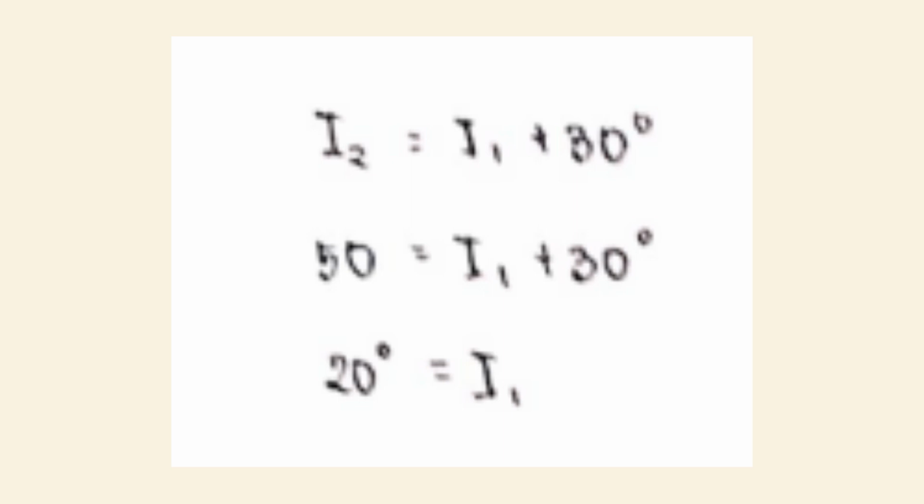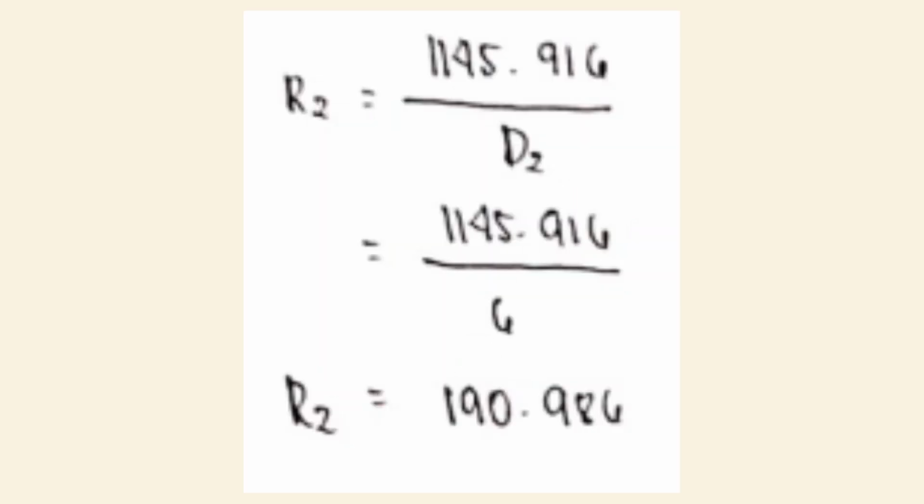Before proceeding to that, we need to solve first for the value of I sub 1. So I sub 2 is equal to the sum of I sub 1 plus 30 degrees. Substituting our known values, we can now find I sub 1, which is equal to 20 degrees.